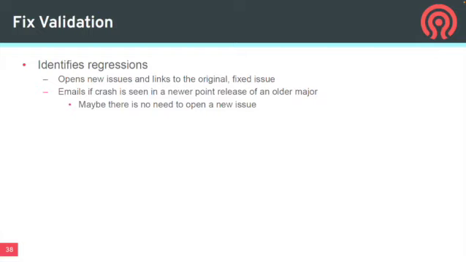So if we fixed the issue at 18.2.2, for example, and then we're seeing that now in 18.2.4, it's not actually fixed. So we can identify any regressions. And the bot can open a new tracker and link to the original fixed issue.